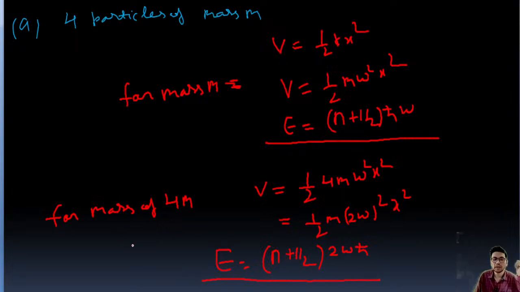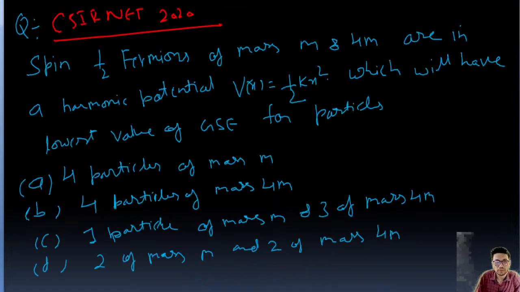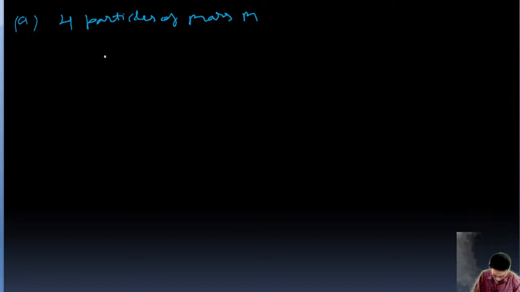For a particle of mass 4m, okay? Now this is the energy. So now for the first option we are taking, Option A, 4 particles of mass m. Now we'll make this one.